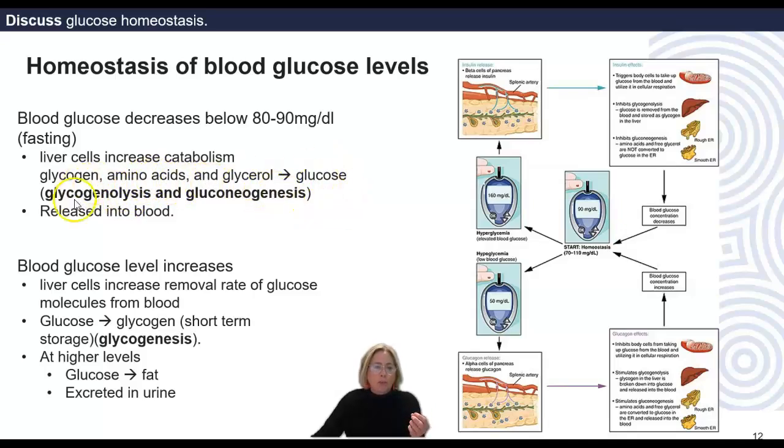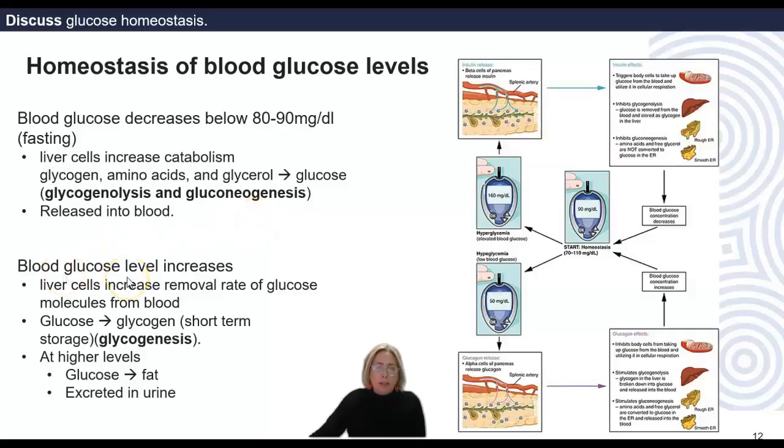What you end up with then is a breakdown of glycogen, which is glycogenolysis, and gluconeogenesis, which is the formation of new glucose from non-carbohydrate sources, so amino acids and glycerol. They're all released into the blood, and that brings the blood level back up to normal ranges.